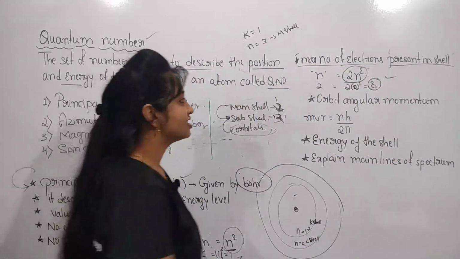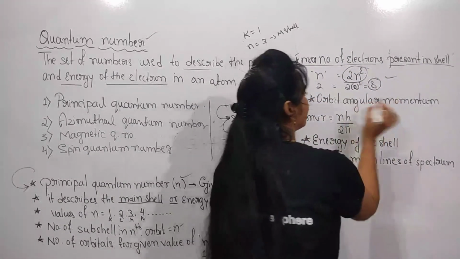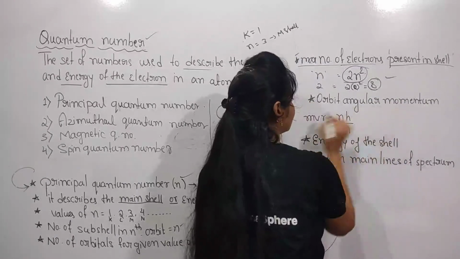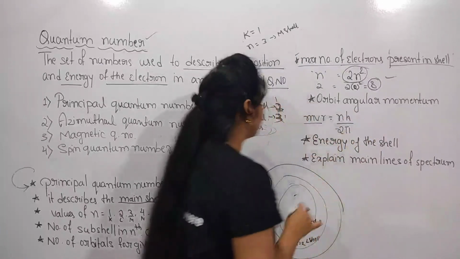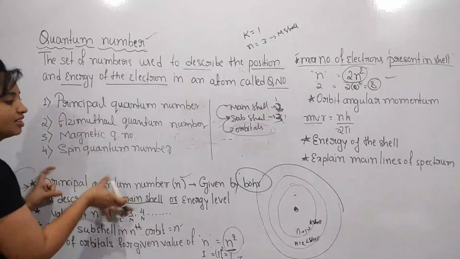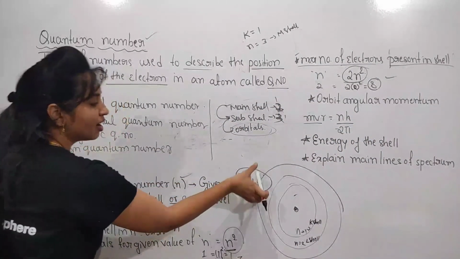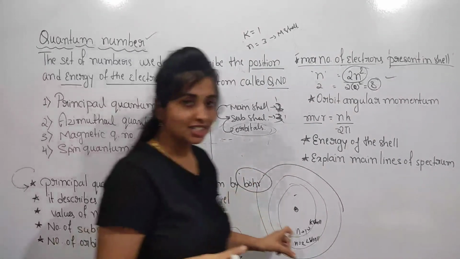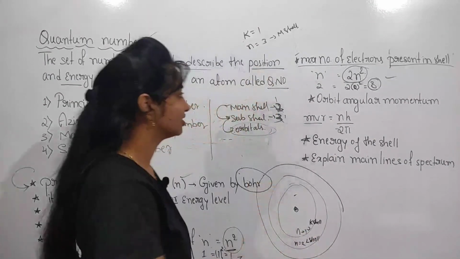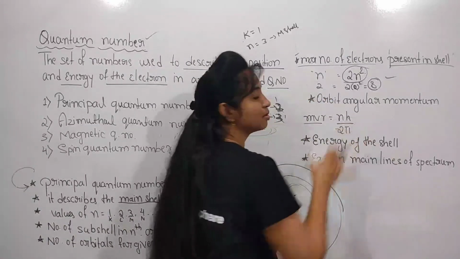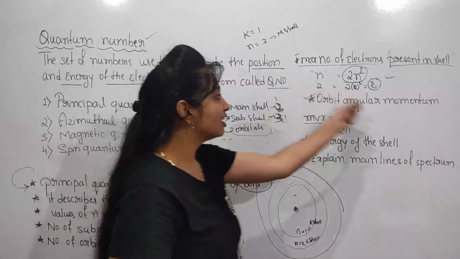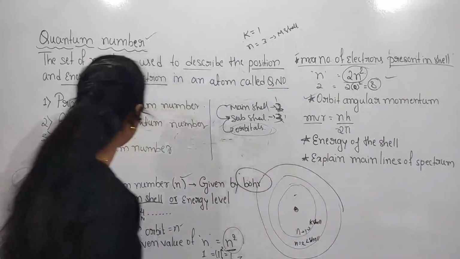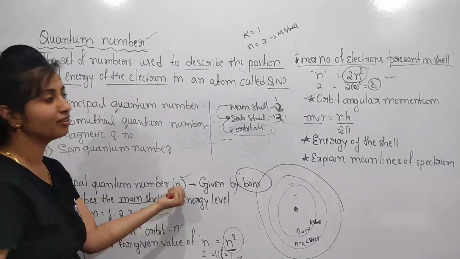And the next one is the orbital angular momentum. Orbital angular momentum is equal to mvr, which is equal to nh by 2 pi. This principal quantum number is given by Bohr. In Bohr's model of an atom, we already studied this angular momentum. So we find the electron's angular momentum with the help of this principal quantum number, meaning the value of n.